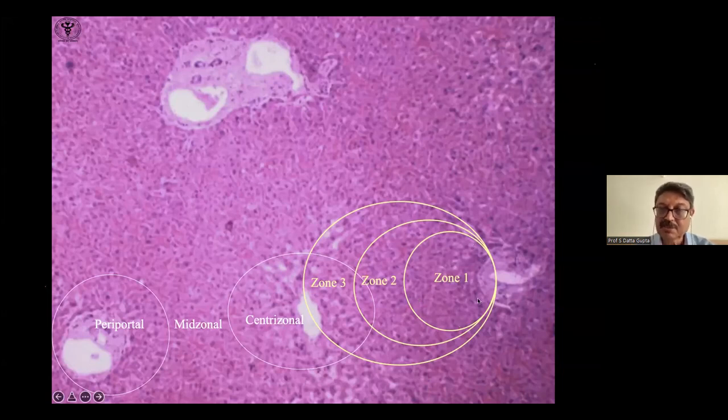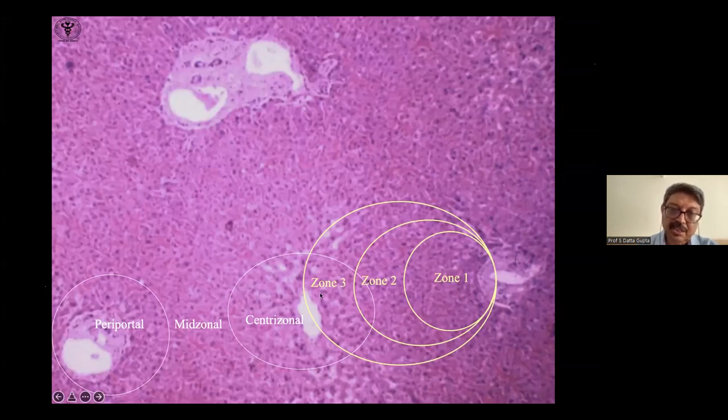The enzymes, etc., in zone 1 are a little different from zone 2 and zone 3. For example, phosphorus and other things will be metabolized here, INH will be metabolized here, and so on and so forth. So these are the three zones: zone 1, zone 2, zone 3.